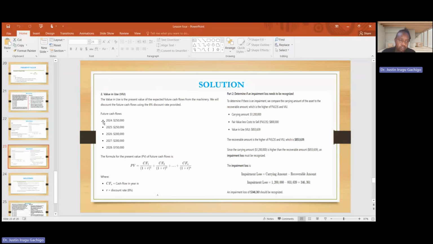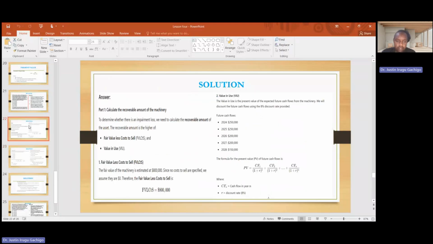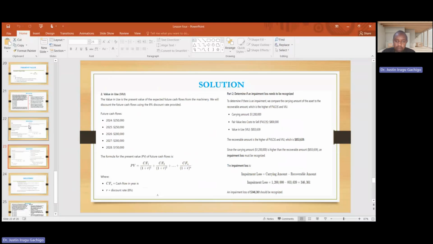That is the value in use that you're going to get. I think I'll be able to put this one in the slide, but using this formula, you can get this amount here. Since the carrying amount of 1.2 million is higher than the recoverable amount, you get the impairment loss of 1.2 million minus 853, which is 346,361. So that is how we get it.